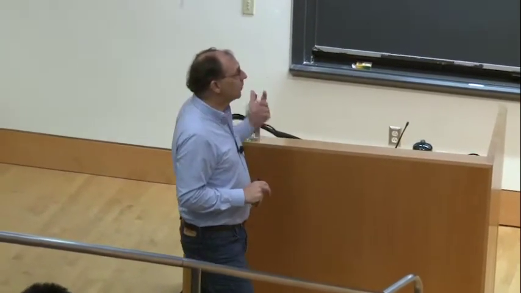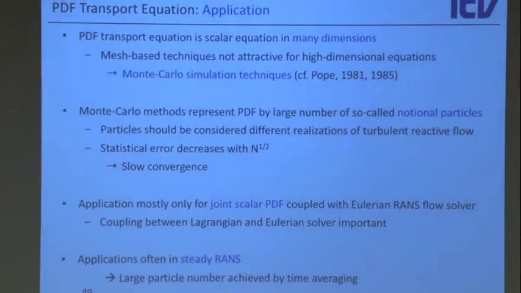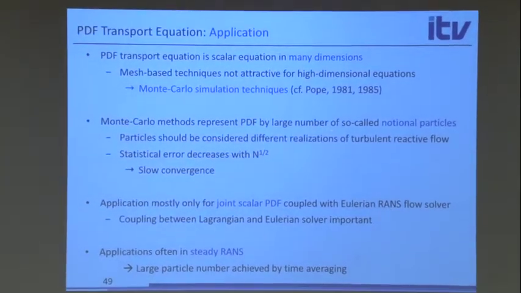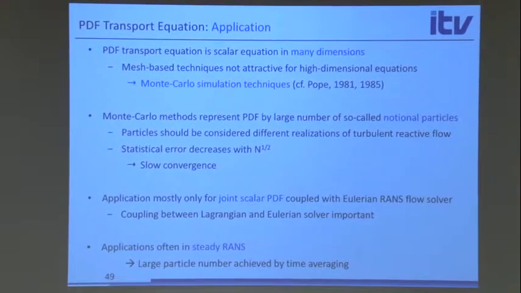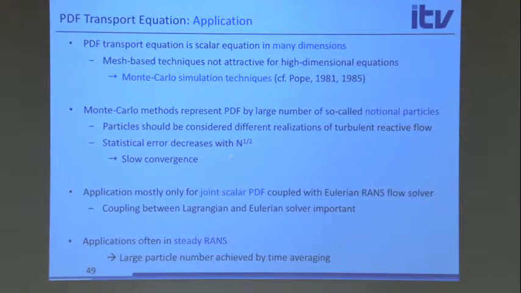And because of that, the computational effort is much, much smaller. So in this Monte Carlo technique, you use a large number of so-called notional particles, and then you solve these stochastic differential equations for them. The issue here is that the statistical convergence is relatively slow. It goes with the square root of the number of notional particles. So you need to have a lot of these particles.